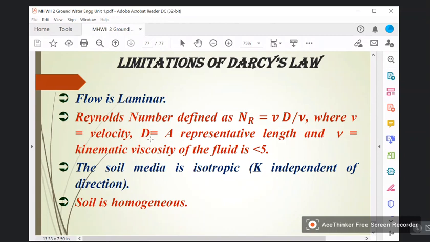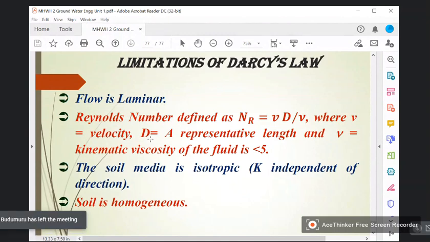And this Darcy's law is also valid when the soil media is isotropic. Yesterday I told what is isotropic. Isotropic means any property, if we consider, is the same throughout. So that is called a homogeneous material. On the other hand, if K is not the same throughout, then it is called a heterogeneous material.